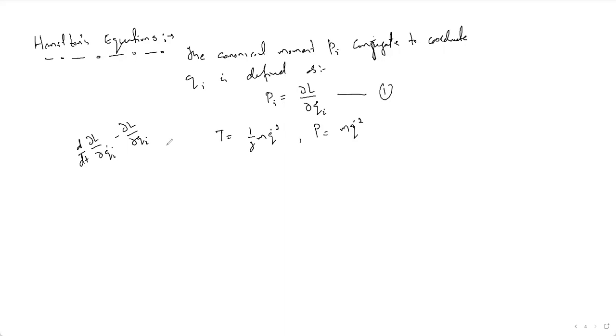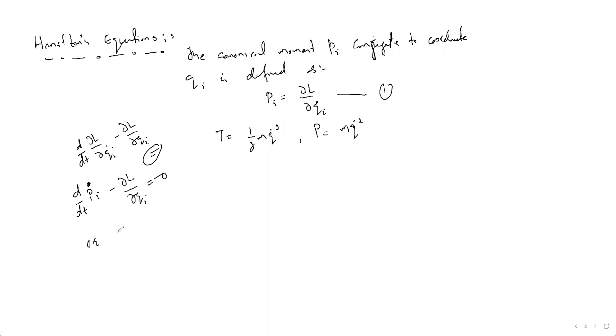Now from this Lagrangian equation and this definition, partial L by partial q dot i is pi, so d by dt of pi minus partial L by partial qi equals 0.